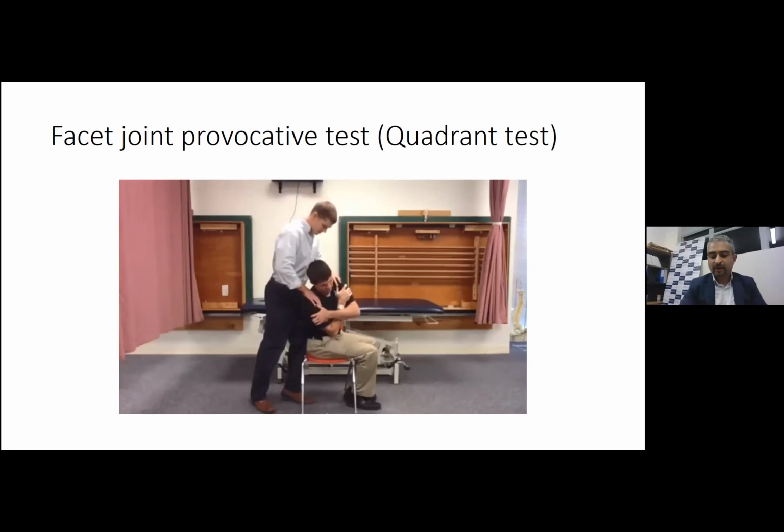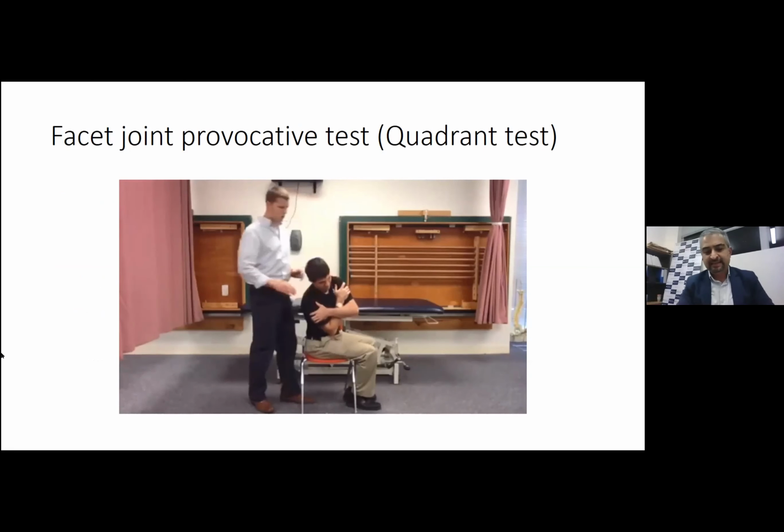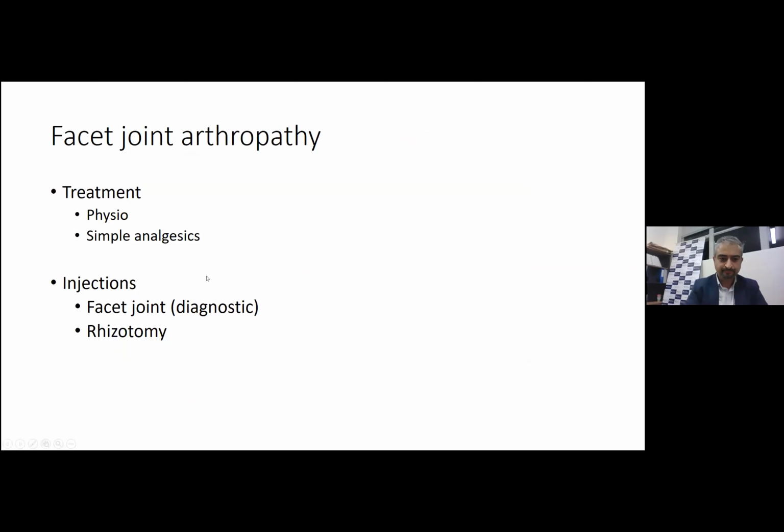So this actually is quite reliable. The second thing I do is get them to stand, and then I get them to lean backward on their spine, putting pressure on the facet joint. So I do two different tests if I'm looking for facet joint or nerve irritation.